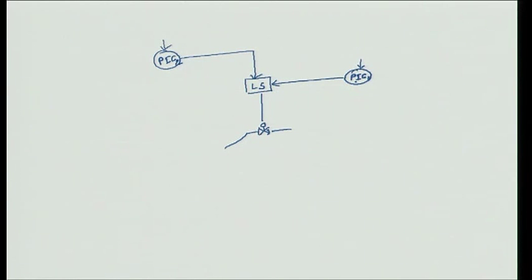If both of these controllers are PI, let us say the operating condition is such that this valve is under control of this controller. Then this other controller is off.